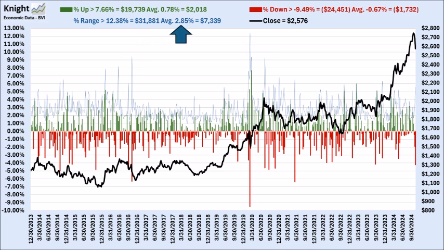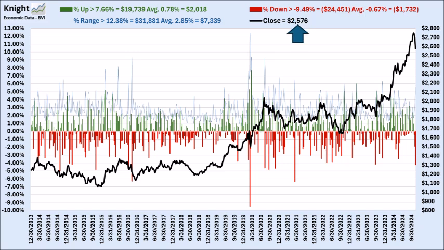The 10-year average weekly range for gold is 2.85%, which at $2,576 per ounce translates into $7,339 per contract.